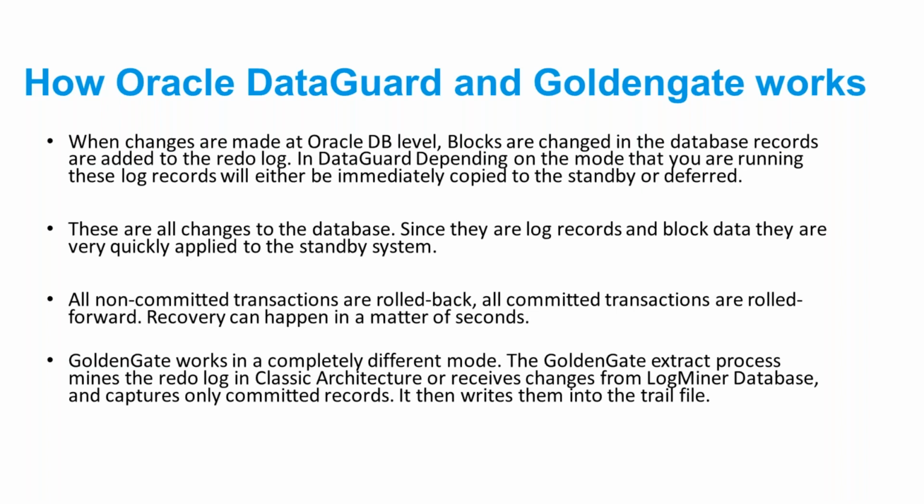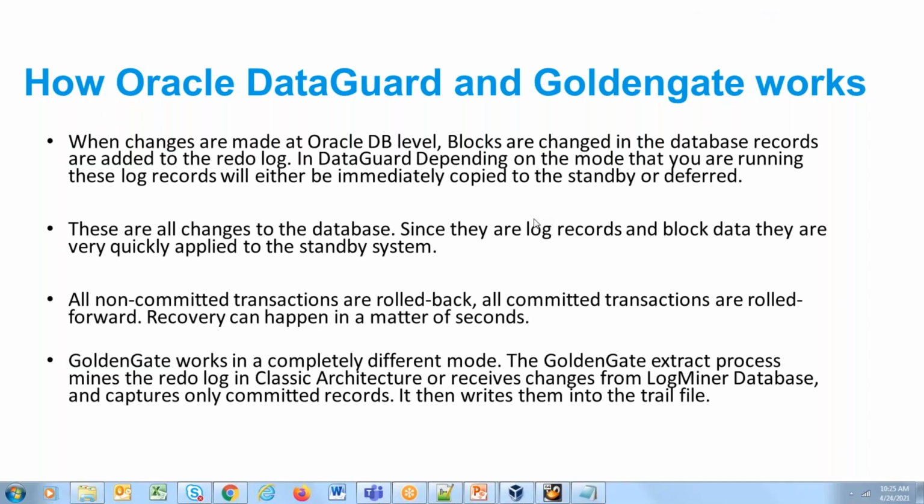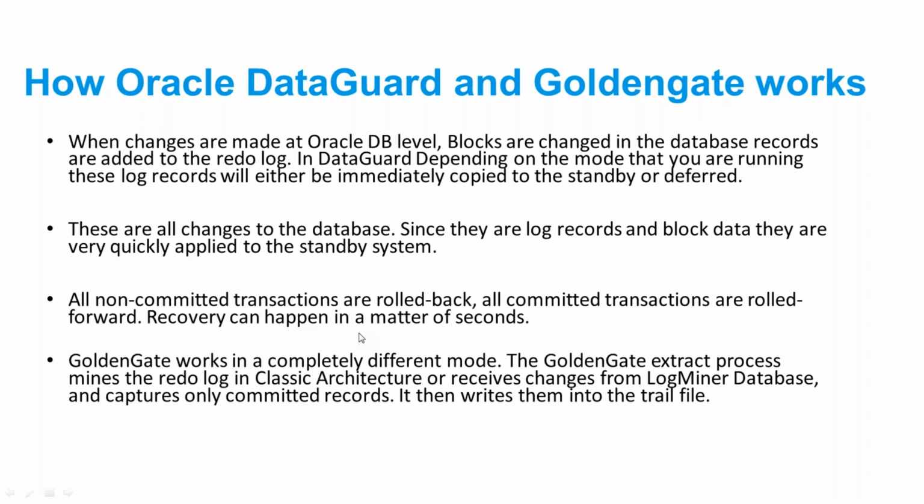But as soon as they are rolled back, the non-committed transactions are also rolled back on the target side, and all committed transactions are rolled forward. So even prior to a record being committed or uncommitted, they get applied because it's block by block.